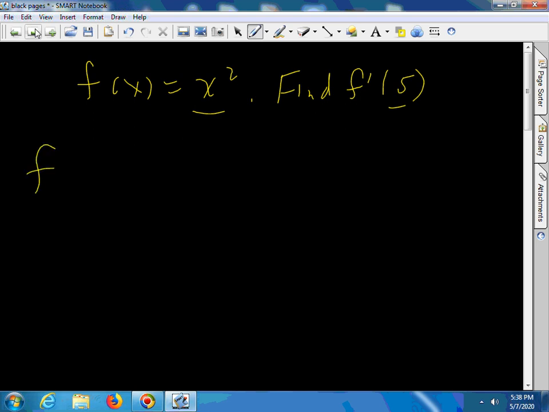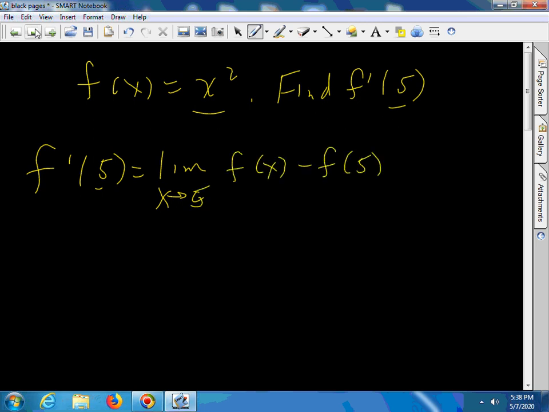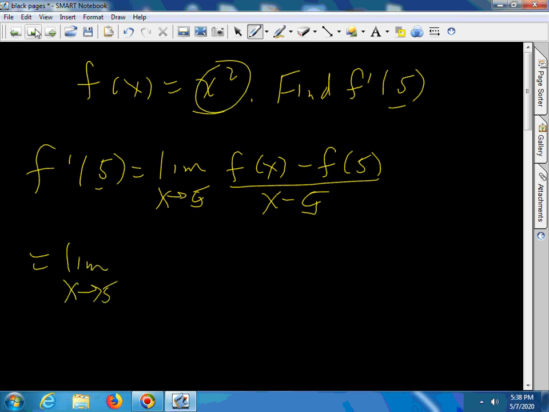So, by definition, f prime of c is the limit as x goes to c of f of x minus f of c over x minus c, where c is 5. Okay. So this is equal to the limit as x goes to 5, well, f of x is x squared.